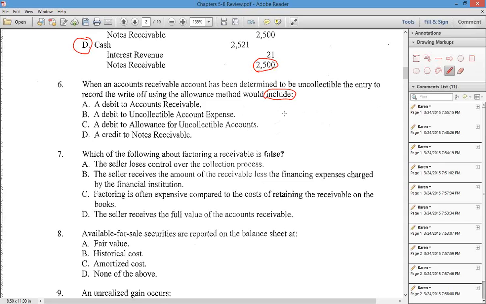I talked about this when I was going through the chapter before we looked at the quiz. I'm not going to be able to collect an account receivable that's on my books. Would I need to get that account receivable off my books? What's the normal balance of accounts receivable, debit or credit? The normal balance.